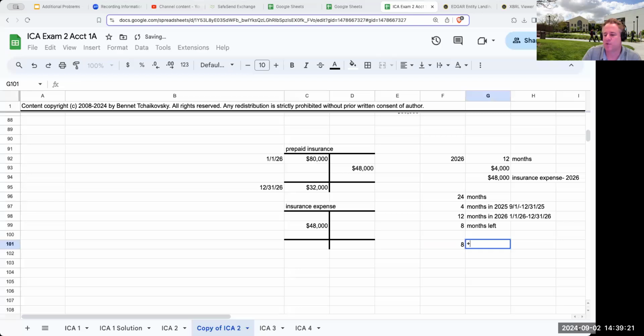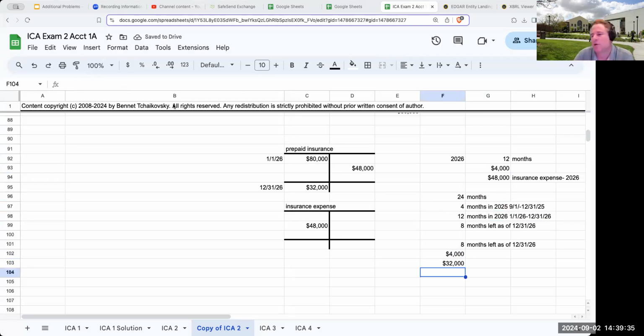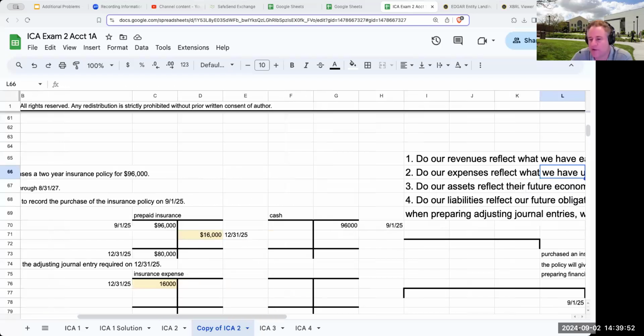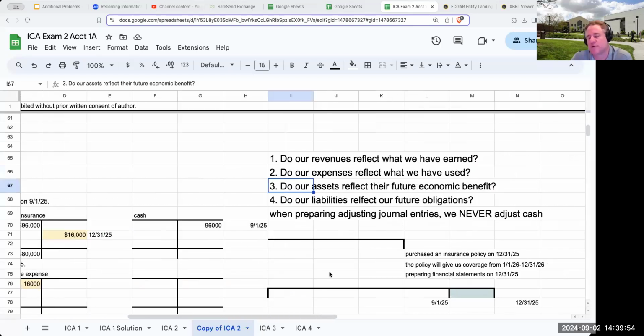If I have 8 months remaining and the rate is 4,000 per month, that's $32,000. So two things always have to be correct. The amount of the expense you record has to reflect what was used, while the ending balance of my prepaid insurance needs to reflect our future economic benefit. So do my assets reflect their future economic benefit?